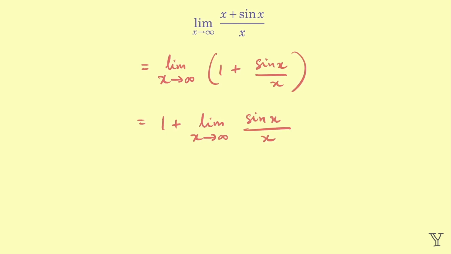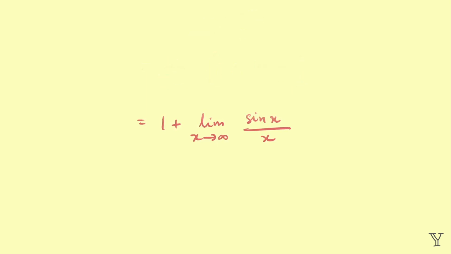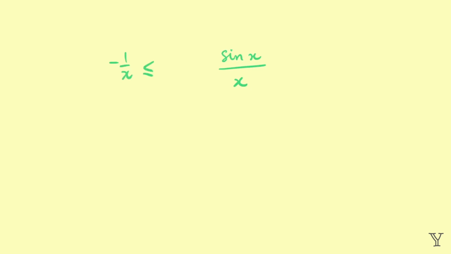Recall that this limit can be evaluated using what is called the squeeze theorem or the sandwich theorem. Since sin x is always bounded between minus 1 and 1, we can therefore say that sin x upon x is bounded between minus 1 upon x and 1 upon x. We can now apply the limit to the entire inequality.